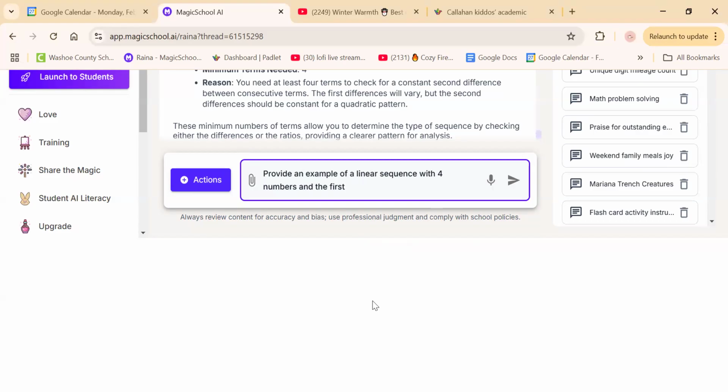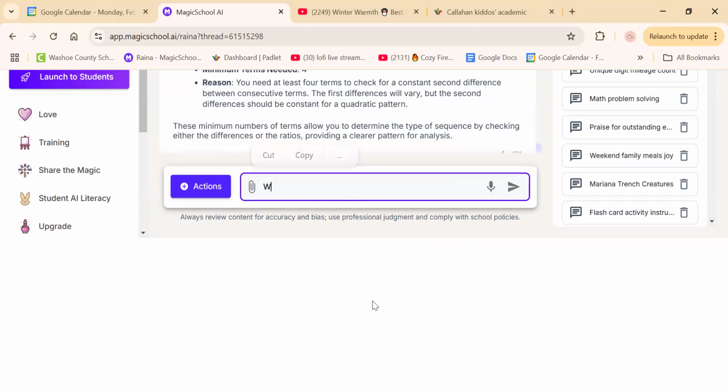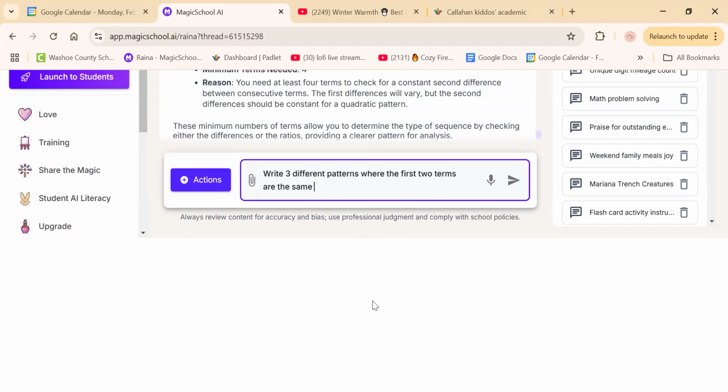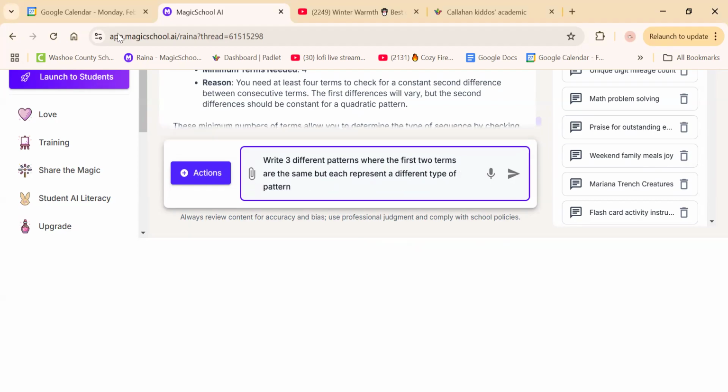Okay, so right there, write 3 different patterns. Read that for me, please. Write 3 different what? Patterns. Where the first 2 terms are the same. I don't know what that means.